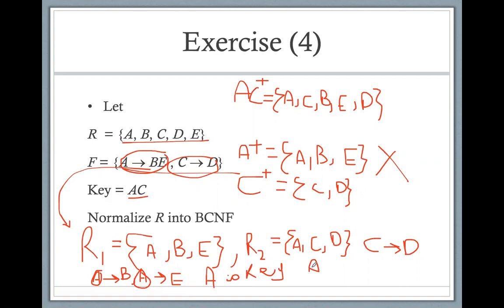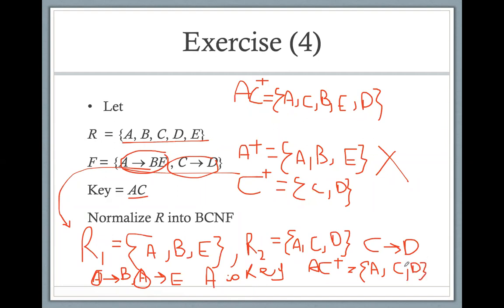So really the key of this table is AC. Right? If I compute the closure of AC, yes, exactly, I get A, C, and D. Okay?